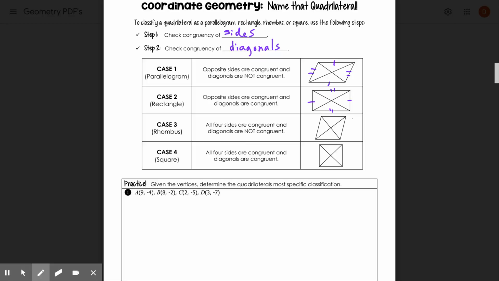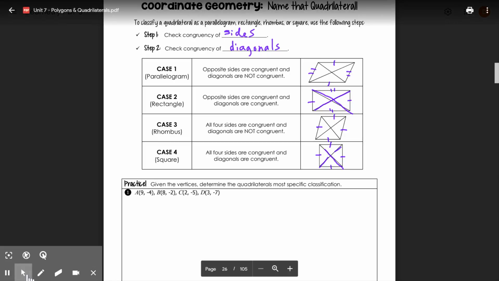Case three is a rhombus. You have all four sides that are congruent, but your diagonals are not congruent. And then case four is a square. All four sides are congruent, and your diagonals are also congruent. Okay, so I'm just going to go like that here as well. So those are your congruent lengths as you go through these.